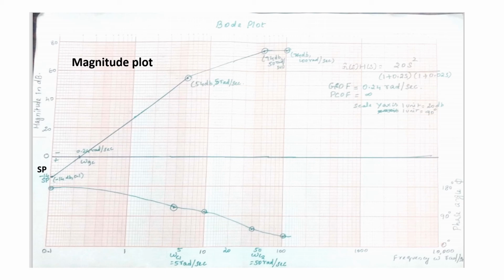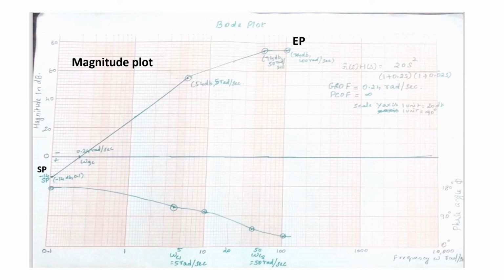The omega c1 value is 5 radians per second. Then at omega c2 the magnitude is 74 dB and omega c2 value is 50 radians per second, and the end point magnitude is 74 dB and the end point frequency is 100 radians per second.